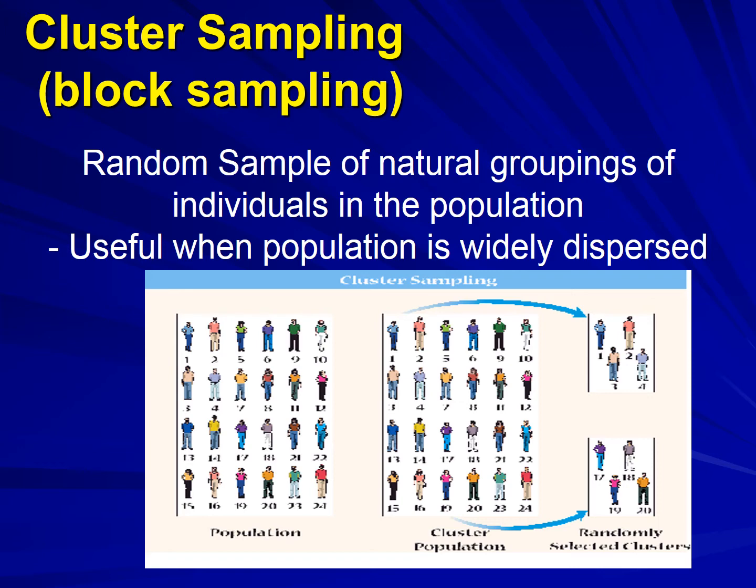Means if you are doing the cluster sampling and whatever clusters of the population you are selecting, one cluster should be homogeneous, means it has the same socio-demographic characteristics or health characteristics, and when two clusters are compared, they should be different from each other in the health characteristics or in socio-demographic characteristics. That means the cluster should be homogeneous within and it should be heterogeneous when we compare the two clusters.